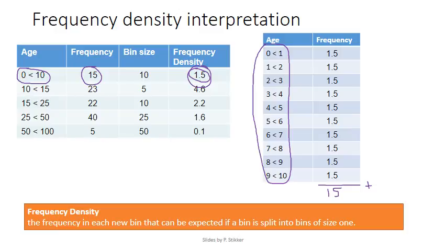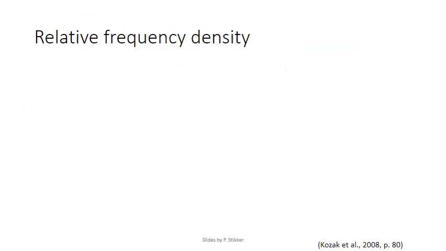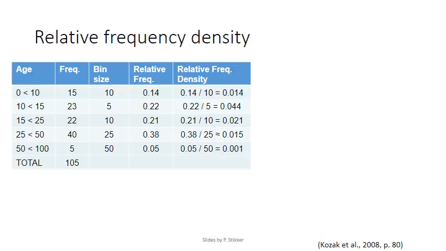So if we split the age bin 15 but under 25 into smaller bins of 15 but under 16, 16 but under 17, etc. till 24 but under 25, then we would expect each of those newer bins to have a frequency of 2.2.